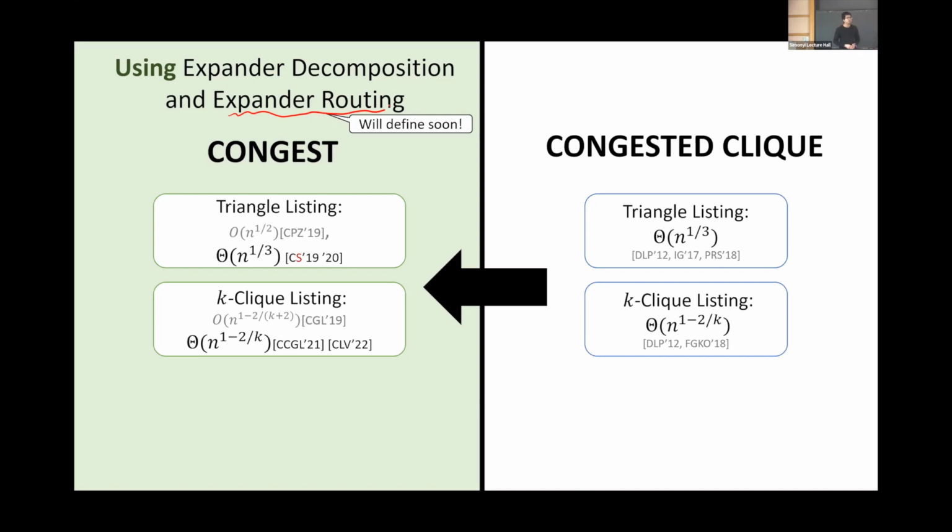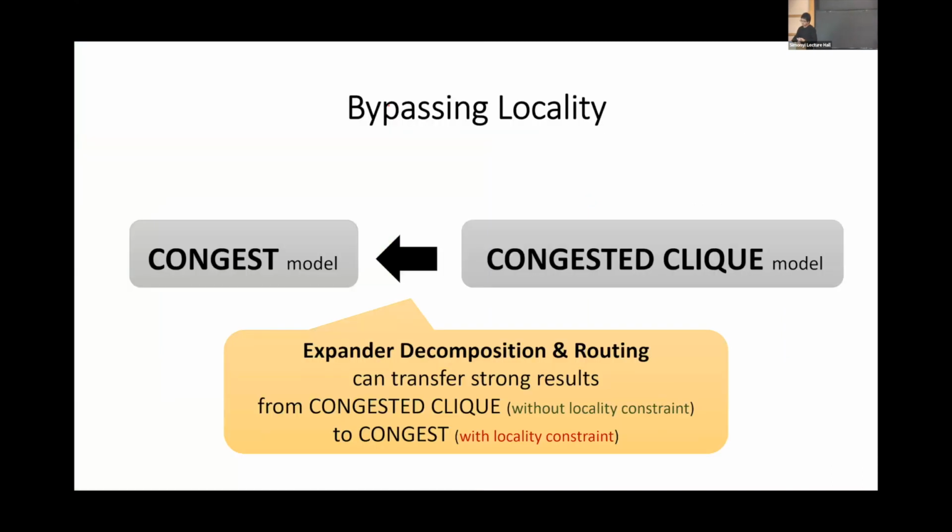So what does it say? It basically says that using expander decomposition and routing, you can transfer strong results that work in congested clique, which doesn't have the locality constraint, and make them work in congest, which has this locality constraint.